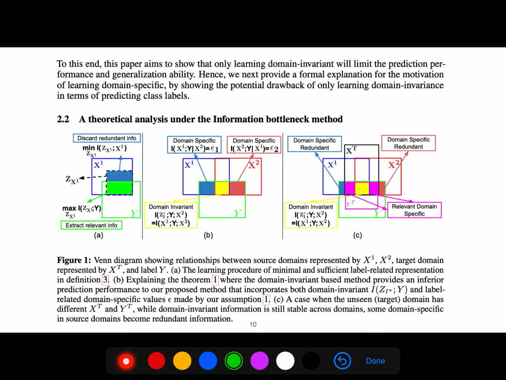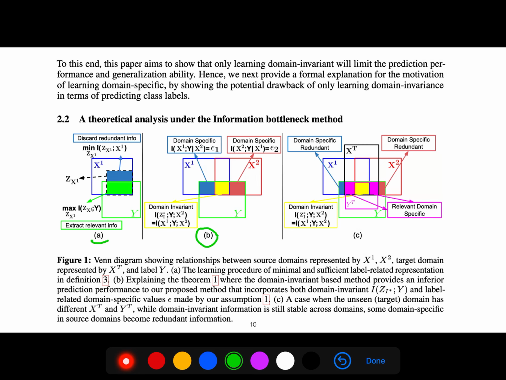So the paper aims to show that only learning domain invariant will limit the prediction. And then they carry on and work on theoretical analysis under the information bottleneck method. In A here, the learning procedure of minimal and sufficient label-related representation.